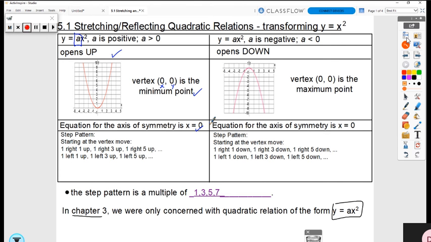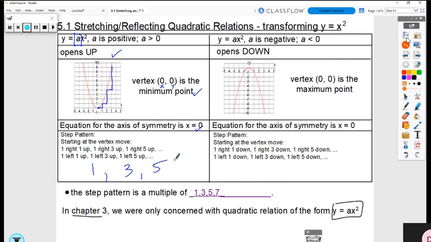But what we did know about it was that we started at the vertex, and every time we go over 1, there's some sort of pattern that occurs, and it's almost like you're counting by the odd numbers. So for example, over 1, up 1. Over 1, up 3. Over 1, up 5. And that was the pattern. It was like 1, 3, 5. Yeah?